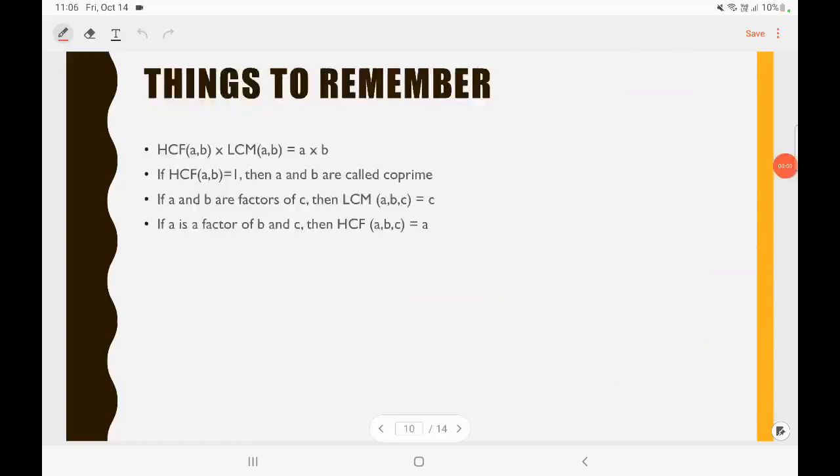So these are some things that you need to remember. This first one is a very important equation: HCF into LCM will be equal to the product of the two numbers. For example, in the previous example, we found out the HCF and LCM of two fractions, 1 by 8 and 3 by 6. Their LCM came to be 3 by 2 and HCF was 1 by 24.